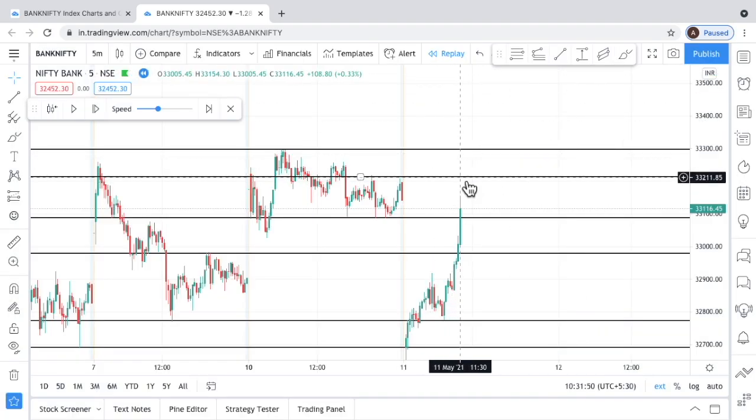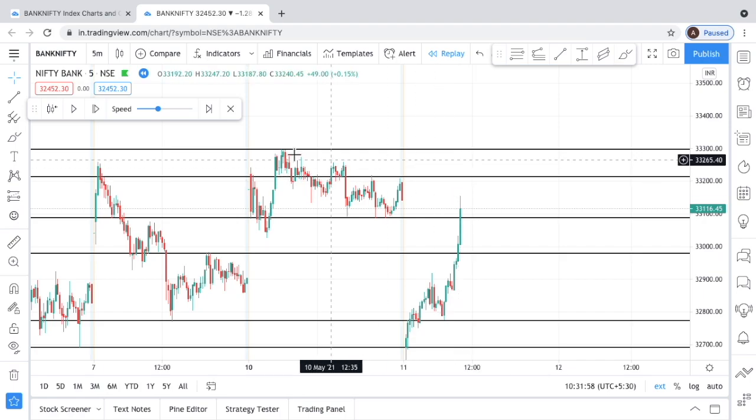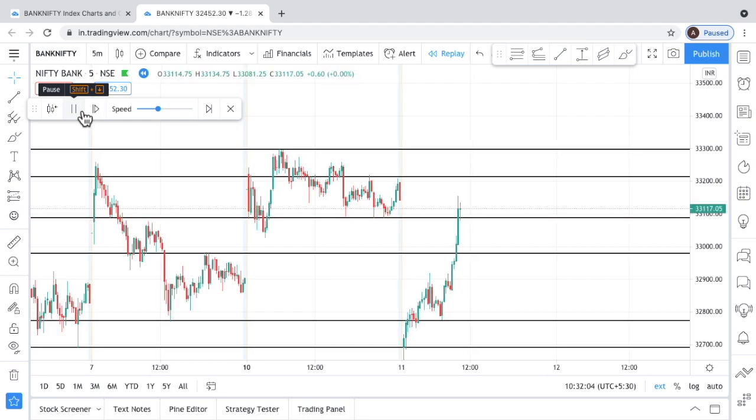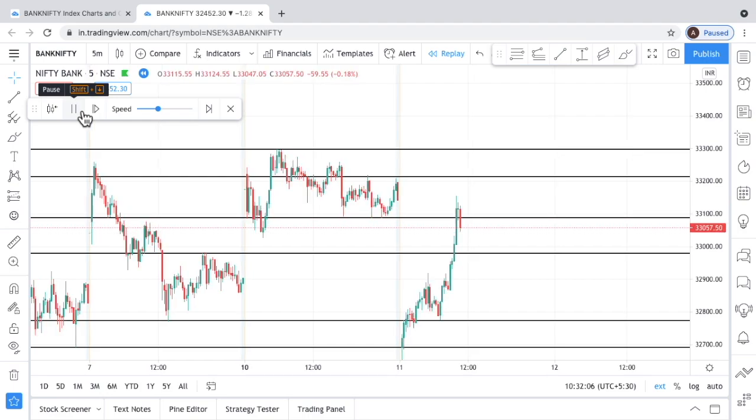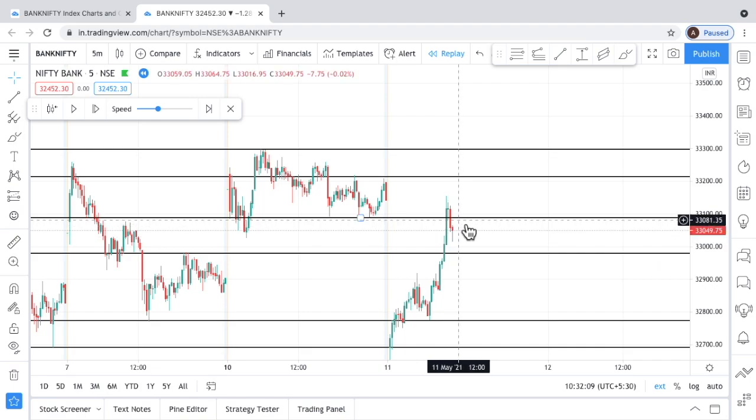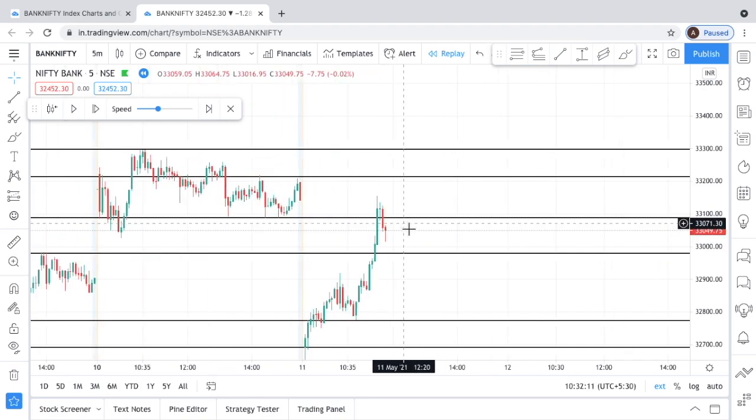I was kind of hoping that we would be hitting this target because we got a similar piercing action here and here. So I was thinking this is going to be my next target. But see what happened. Yeah, it's because of this we booked the profits here.